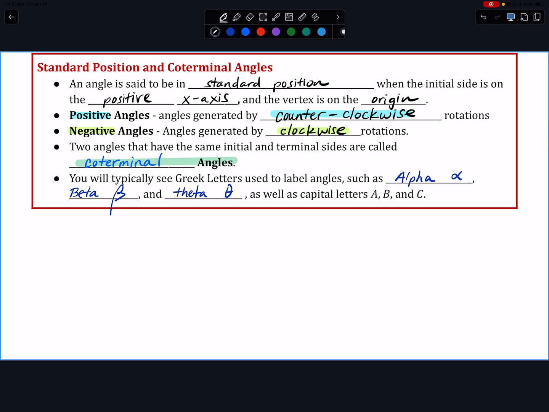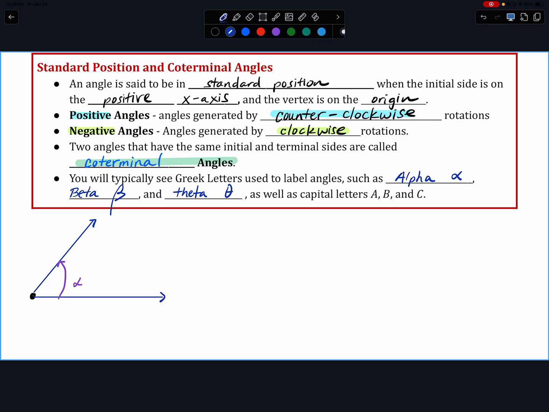Okay, so I want you guys to draw a point. And then from that point, I want you to draw a ray that looks like this, and then a ray that looks like this. So if I start on this side and draw an angle that looks like this, I'm going to call that alpha.